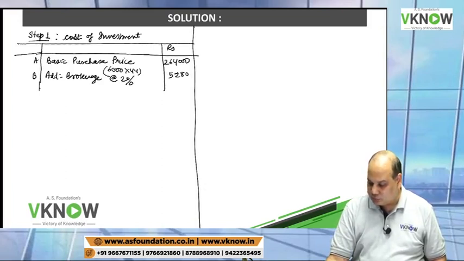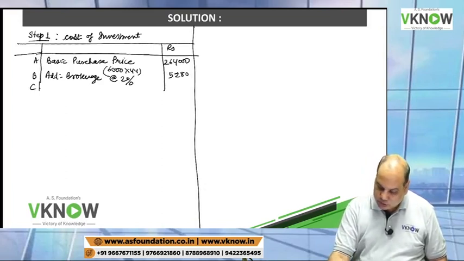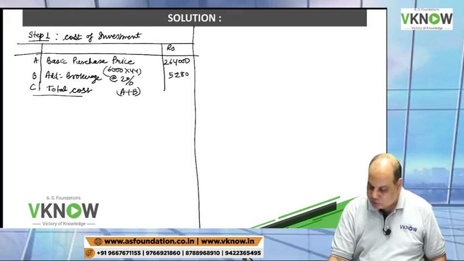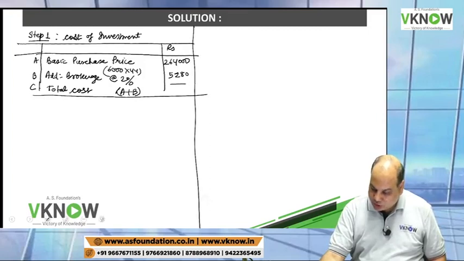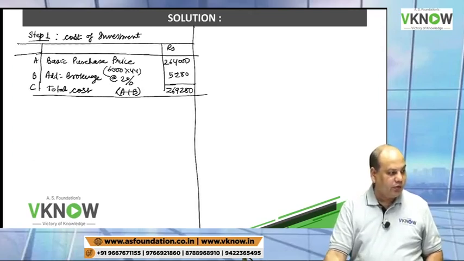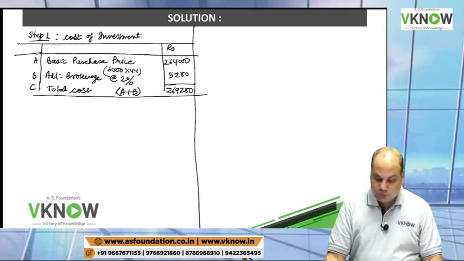So my total cost, A plus B, is equal to 269,280. Yes, Kunal Pawar is right.